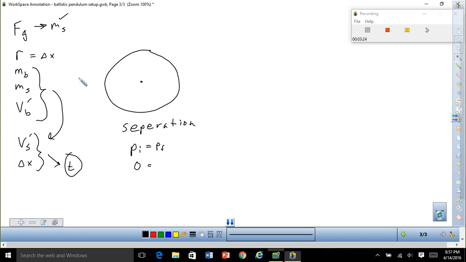So again, this will start with a conservation of momentum idea and a separation event, and then we'll use the information that we gain from that, specifically Vs prime, and then we'll use some of our old kinematics skills from our very first unit to find the time.